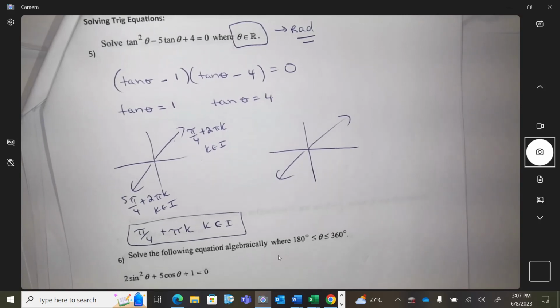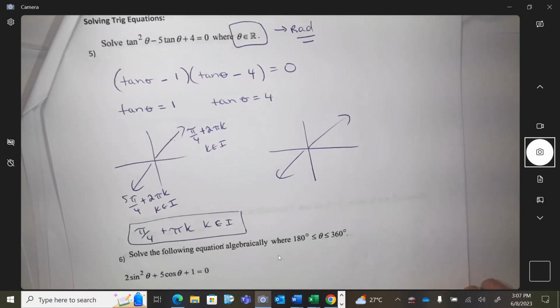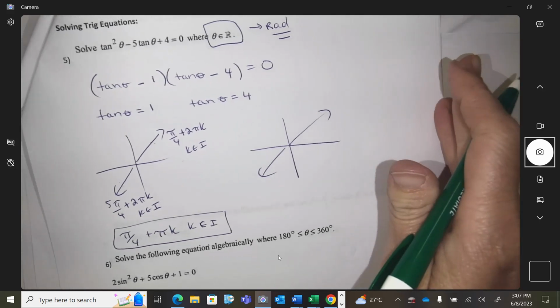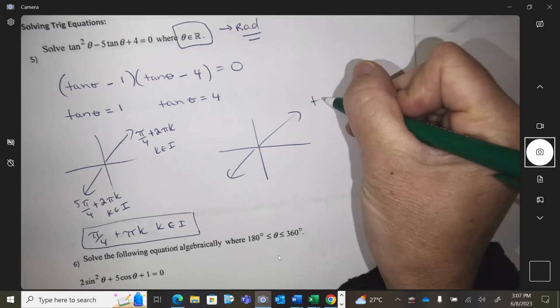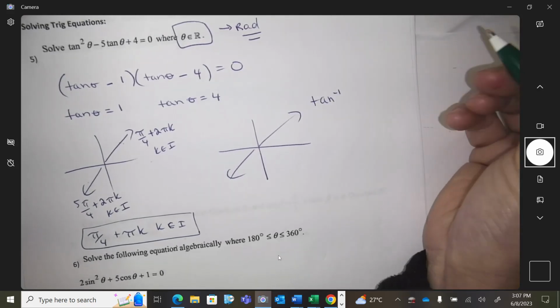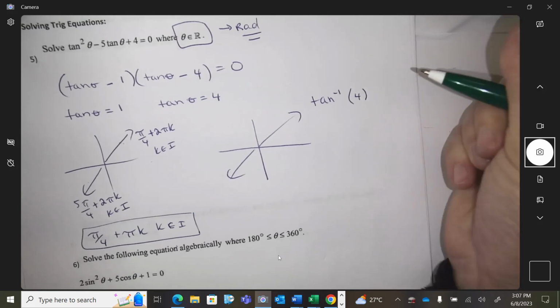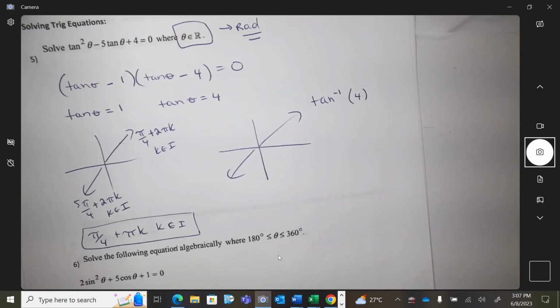So I have to go to my calculator. So what are you doing in your calculator? We want to get an angle, so that's the inverse. So we're tan inversing 4, and then we're also making sure what? We're in radian at the top. Remember that.